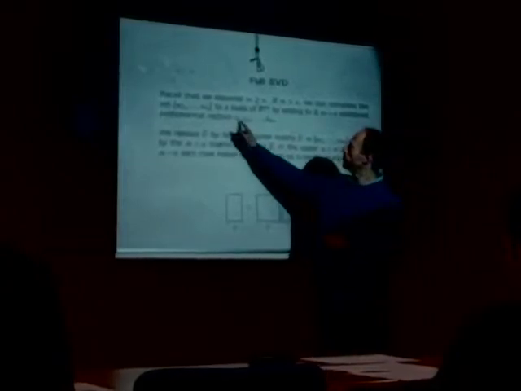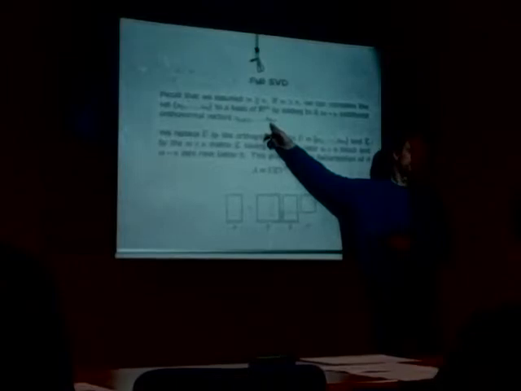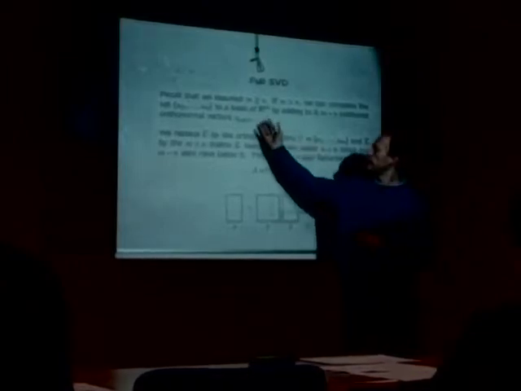You can find some additional vectors, u(n+1) through um, which when you add to the left singular vectors, give you a basis for Rm. And when you apply A to the additional vectors, the result is 0.